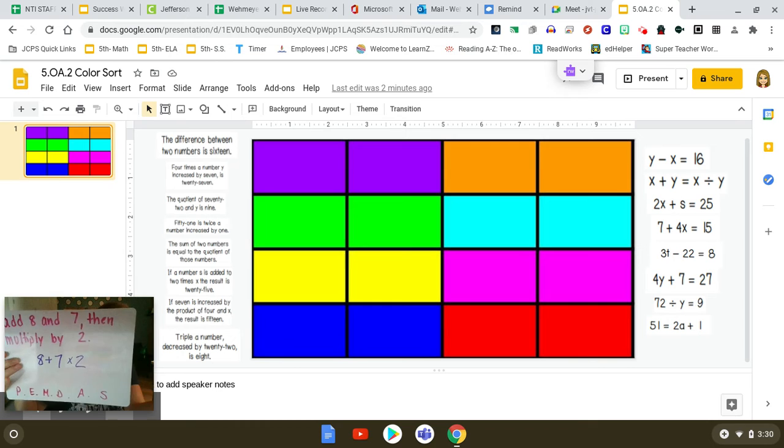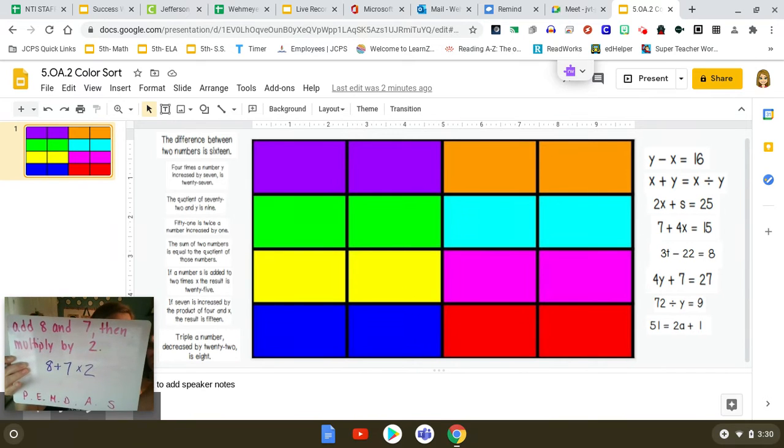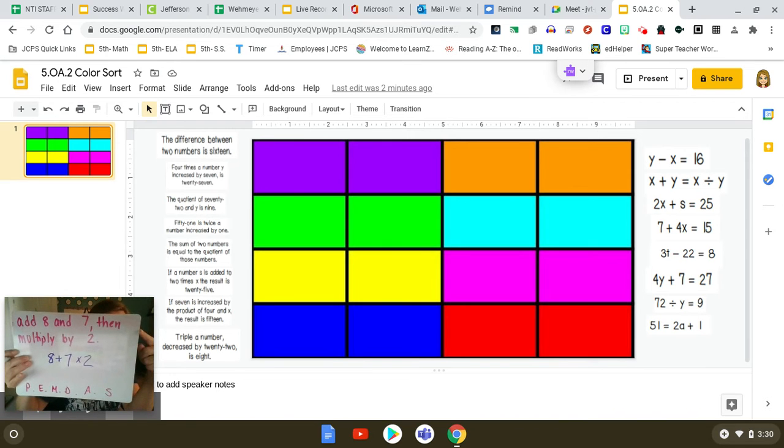But you know that if you follow the order of operations, you would have to do what first? Well, the order of operations would tell me that I would have to multiply before I added 8 plus 7. So I need to refer back to my written expression and see that it tells me that I need to add 8 and 7 first, then I need to multiply by 2.